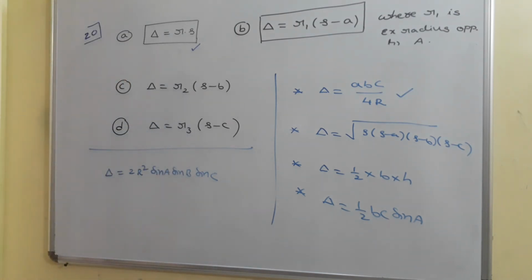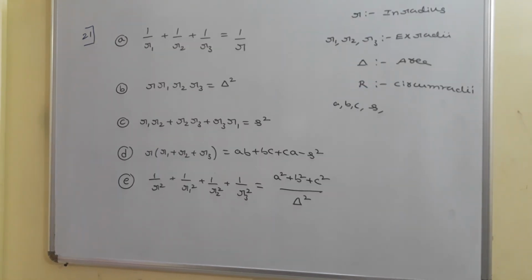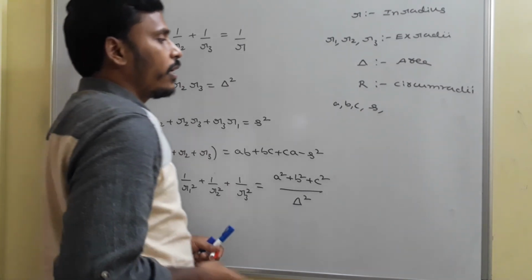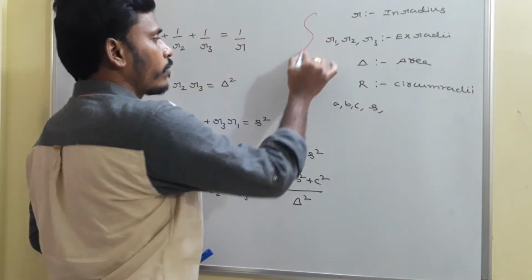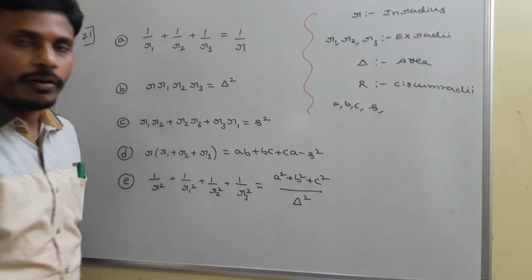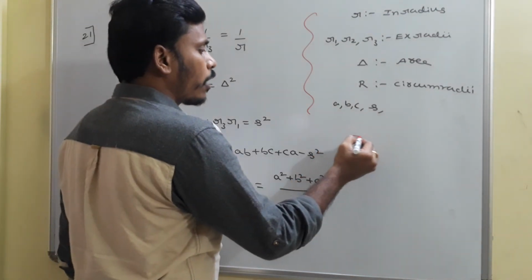Just have a look. Using all these things we can solve different problems. So just have a look at the board. Small r is the inradius, and R1, R2, R3 are the exradii, delta is the area, and capital R is the circumradius, and A plus B plus C is equal to 2S. All these things we already know related to the triangle. And we just derived some formulas.